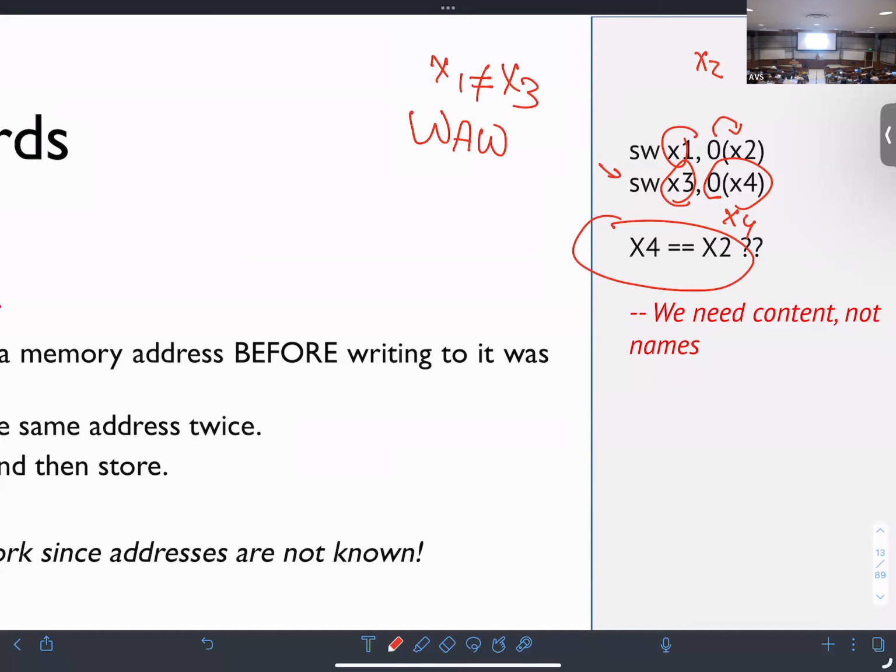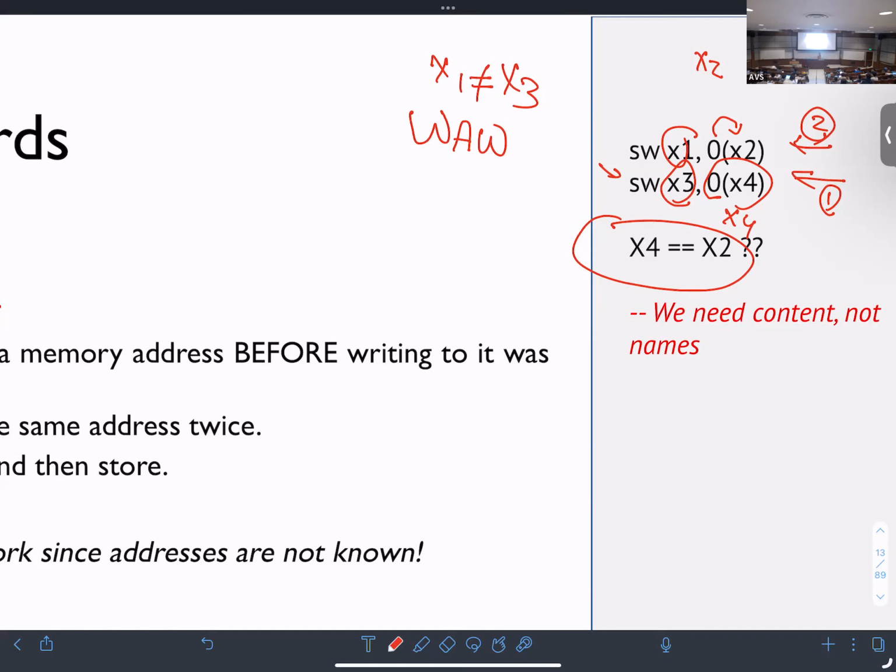And if we, for example, execute this first and execute this second, that is a correctness issue, because we are assuming that we are storing a specific value into our memory, but what we are storing is actually the other way around of what we assume, right? So it's very similar to write after write for registers, but here it is a tricky version of write after write, because the addresses are the same. We will have this issue.